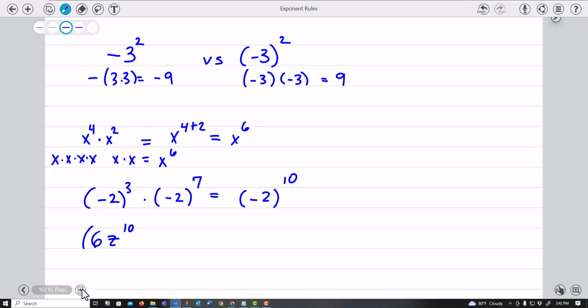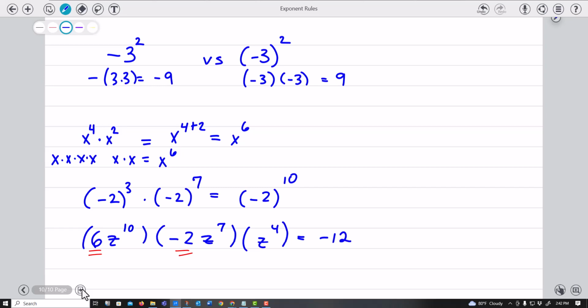I can do a combination with numbers and variables. So let's say 6z to the 10th, -2z to the 7th, and then z to the 4th. All of these are being multiplied. I can see that I have some numbers here that I can multiply. So that would be -12.